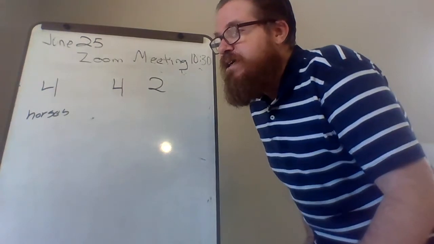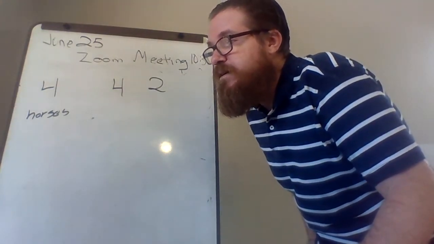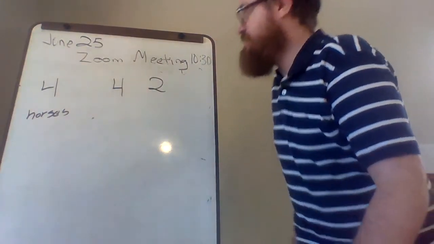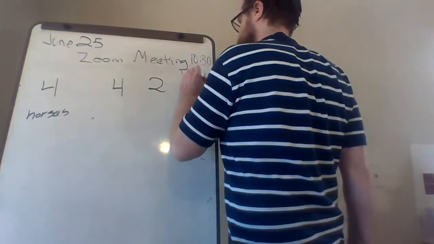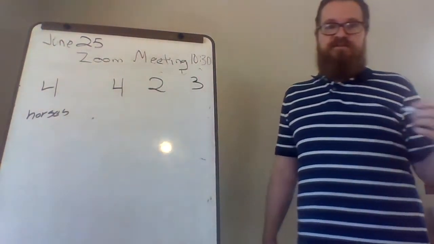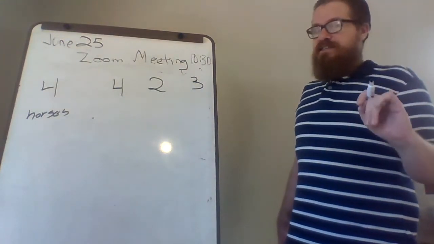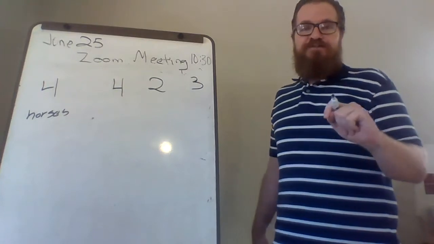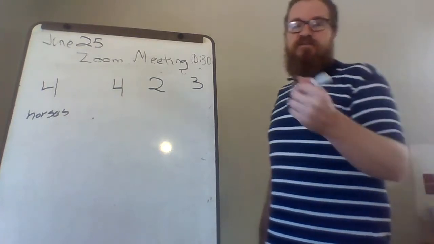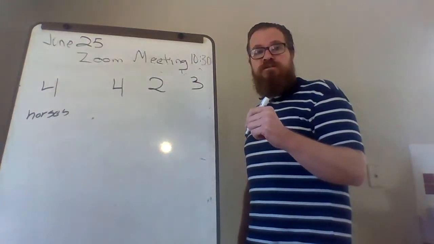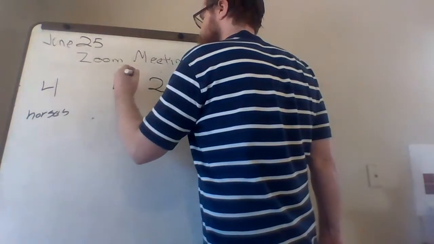And then they want to know how much they're going to eat for 3 days. Okay? So if I was going to put this together, I have 4 horses that each eat 4 pounds 2 times a day. So 4 pounds 2 times a day, that is 4 groups of 2. So it would be 4 times 2, which is 8.